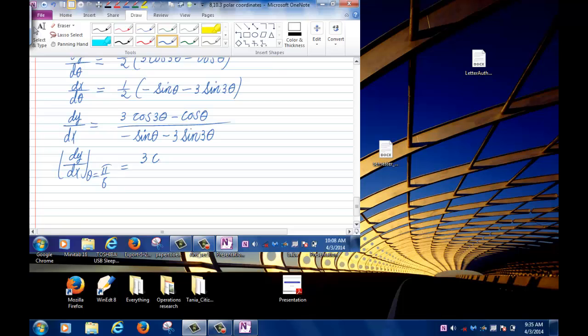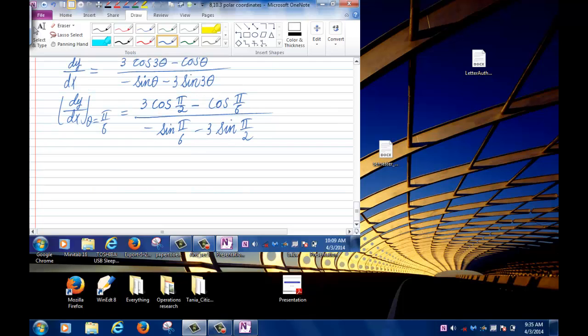What do I get? Cosine of 3 times pi over 6 is what? Pi over 2. Cosine of pi over 6. Here I get negative sine pi over 6, negative 3 sine pi over 2. And what is that equal to?